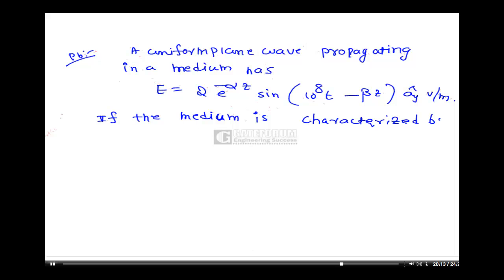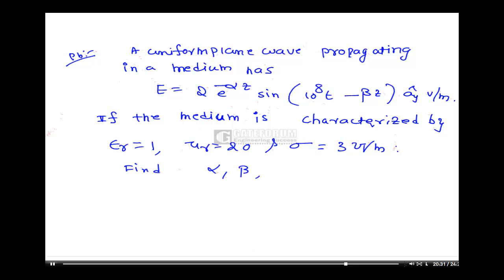The medium is characterized by epsilon r equal to 1, mu r equal to 20, and sigma equal to 3 mho per meter. Find alpha, beta, and eta.